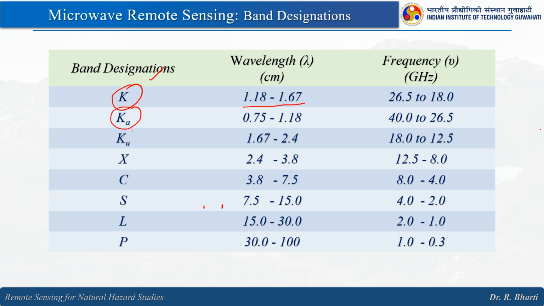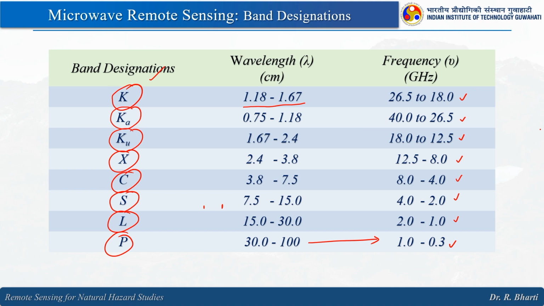Likewise, Ka, Ku, X, C, S, L, P band, and according to their wavelength we have the frequencies, right. So, these are the fixed bands of microwave remote sensing.